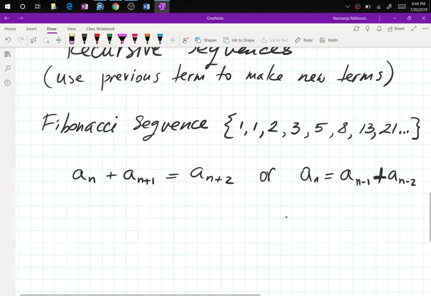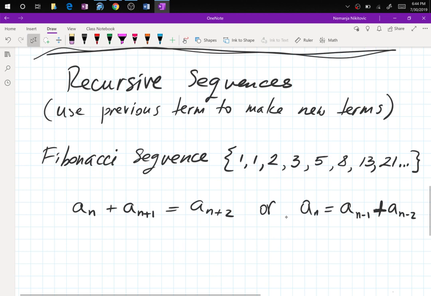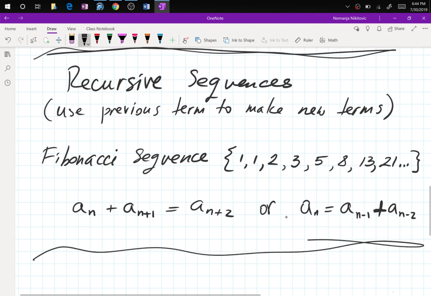So sequence is the ordered list of numbers for which you can have formula. And if that formula happens to rely on the previous terms, we call that formula recursive formula, meaning that you have to use previous terms to generate new terms. So this is technically a term generator, the formula.